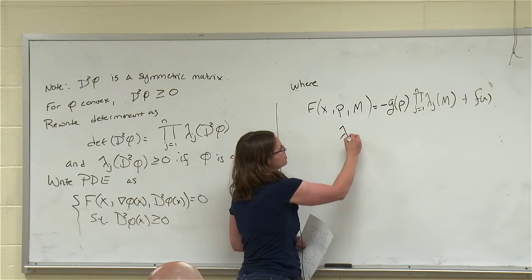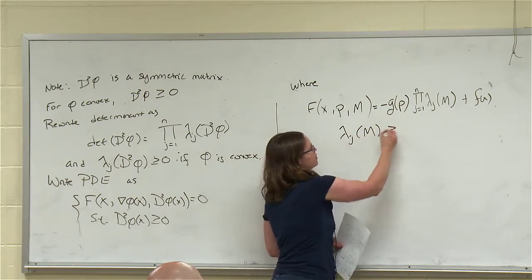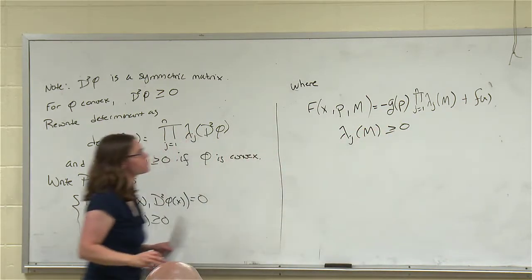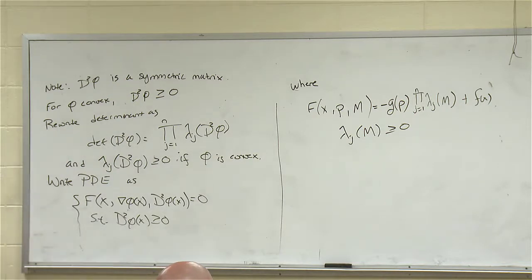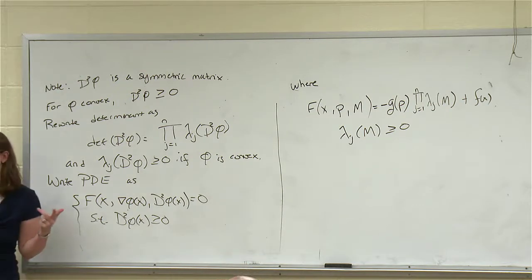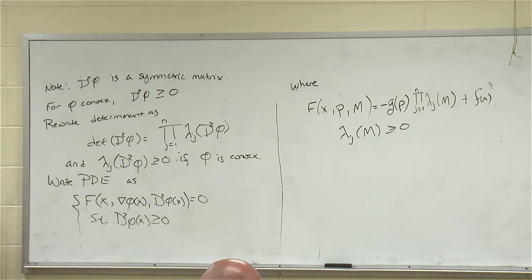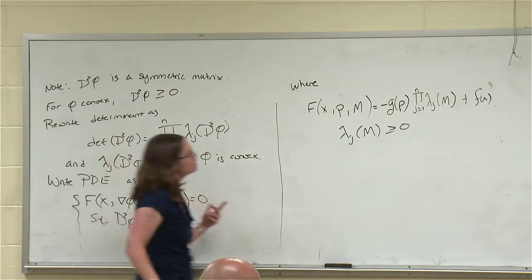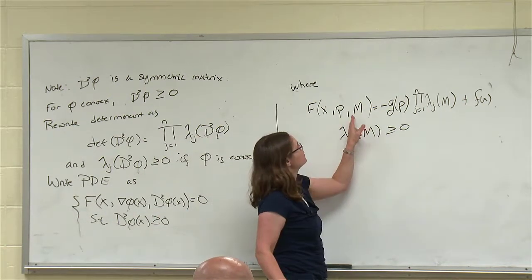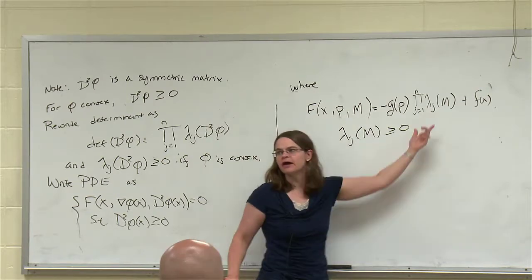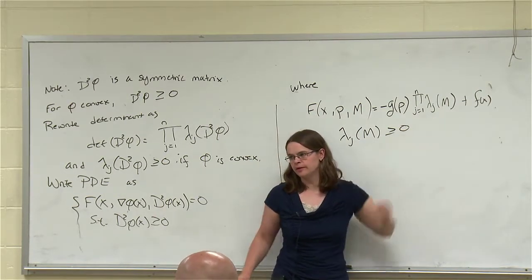And our constraints were all of these eigenvalues were non-negative. So if I'm going to classify a PDE as elliptic, parabolic, hyperbolic, what typically matters is how the PDE depends on the highest order derivatives. So what really matters is how we depend on M, or maybe how we depend on the eigenvalues of M here.